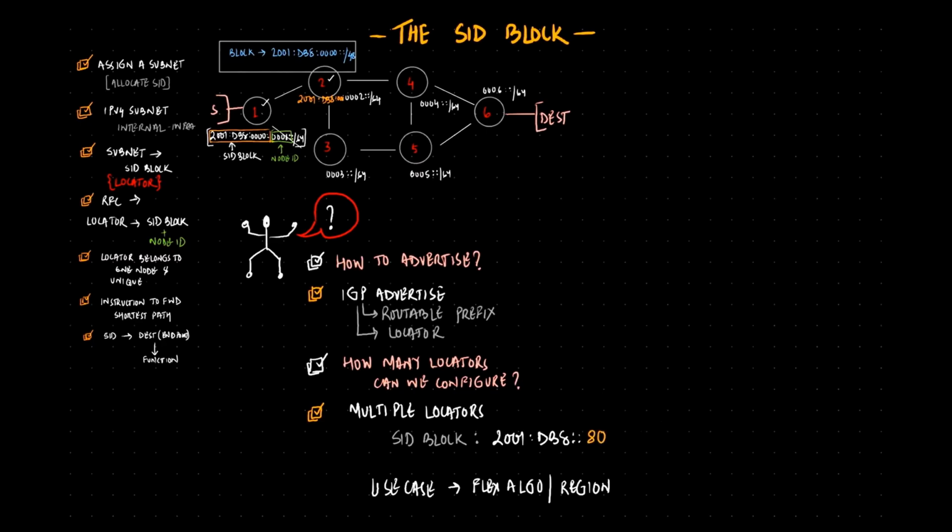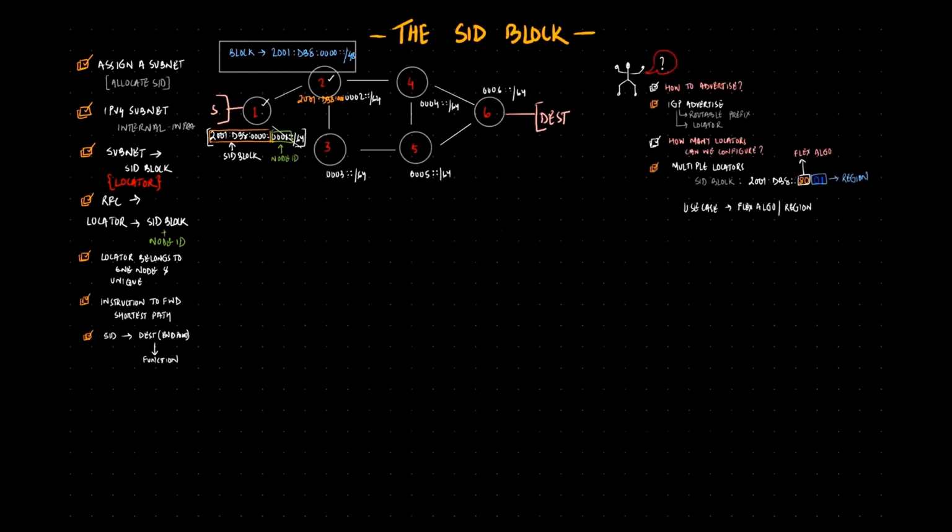We can divide 8 bits each, so 80 is assigned to the Flex Algo and 01 is assigned to the region. This is also a way of assigning a locator to a device. For example, 2001:db8/32 is my SID block, 8001/64 is my Flex Algo with region, and then 001 is for my node ID.